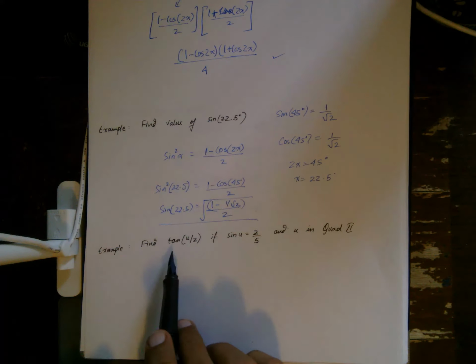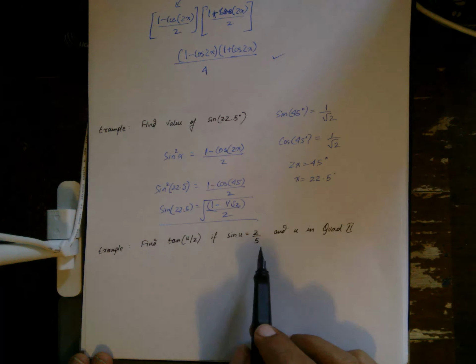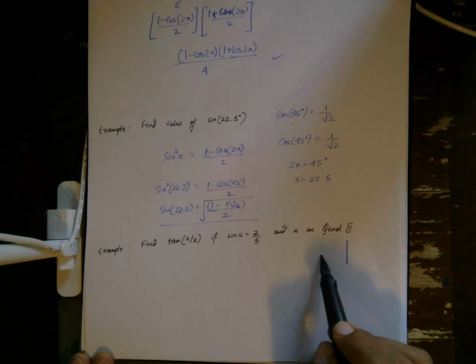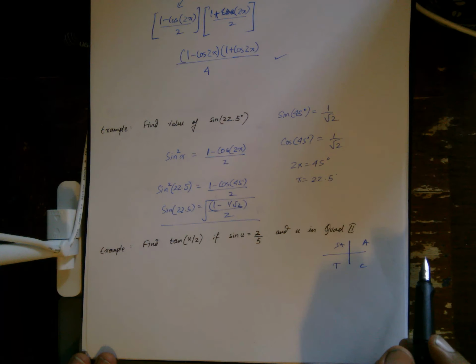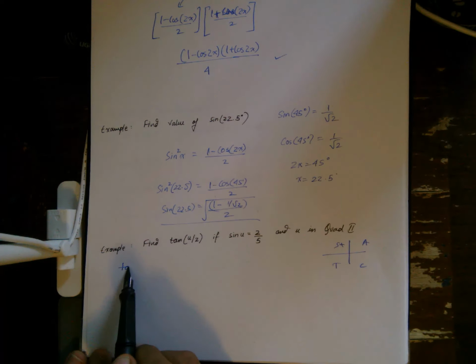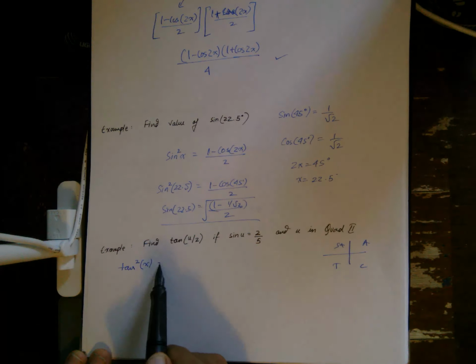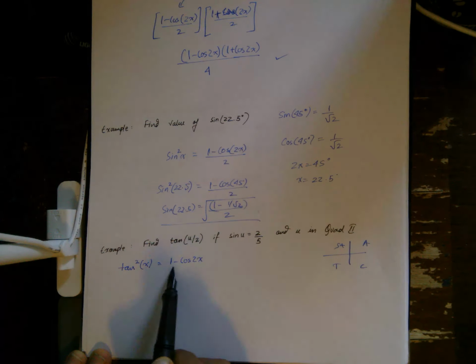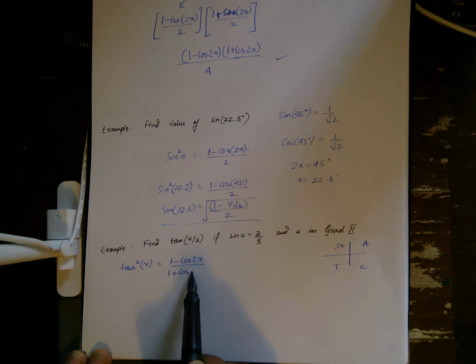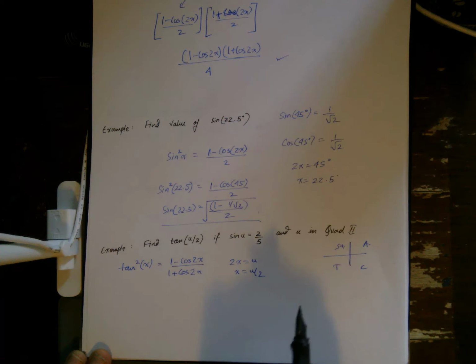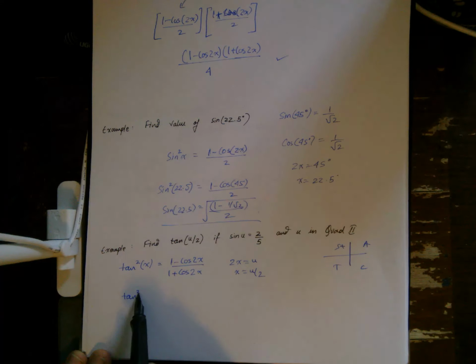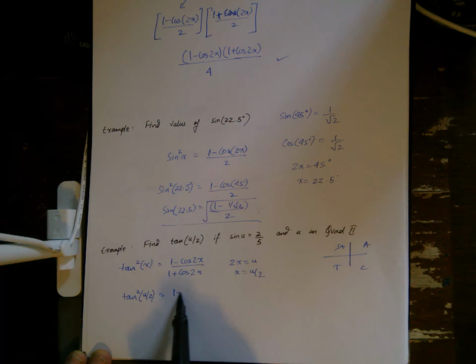It says find tan of u over 2 if sine of u is 2/5 and u is in quadrant 2. Again, ASTC, so sine is positive. Recall, tan squared x is (1 minus cosine 2x) over (1 plus cosine 2x). Let's say I let 2x equal u, then x equals u over 2. So that gives me tan squared of u over 2 is (1 minus cosine u) over (1 plus cosine u).